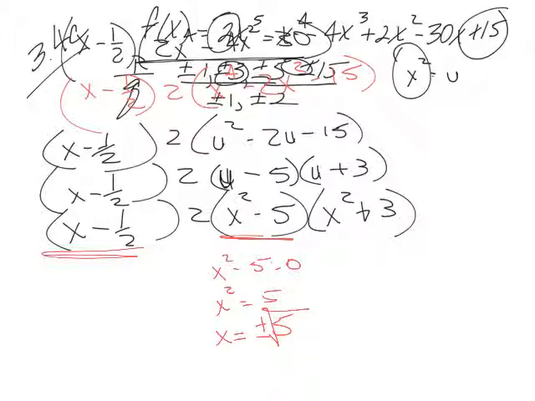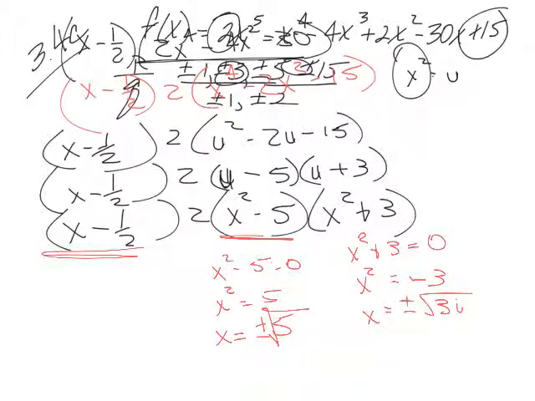And then over here I'm going to get x squared plus 3 equals 0, x squared equals negative 3, x equals plus or minus the square root of 3i.